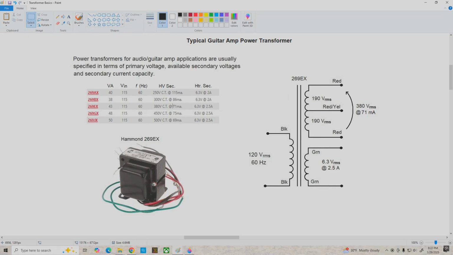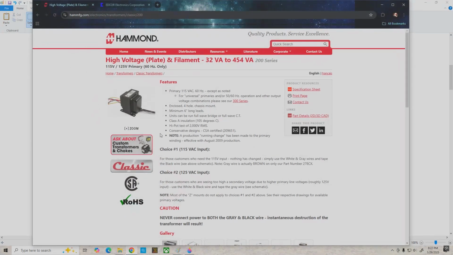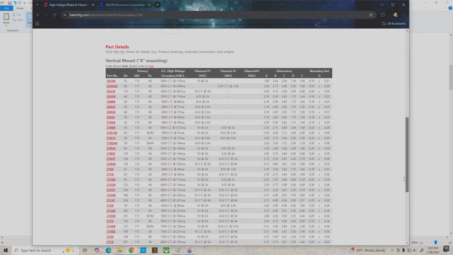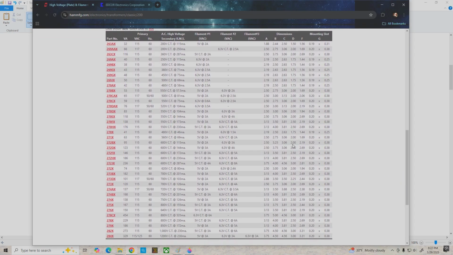Now, this is a very small sample of the number of transformers available from Hammond for use in guitar amplifier applications. If I pull up their website real quick, high voltage plate filament transformers, these are just their general purpose versions that we can design our amplifiers around, and you can see there are quite a few here.